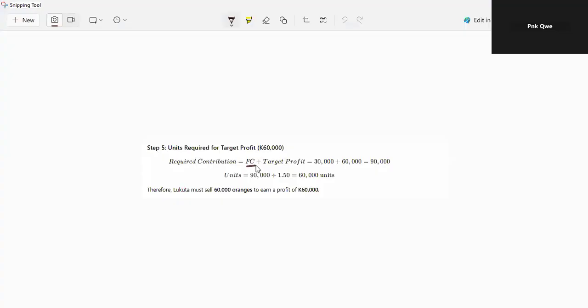Our fixed cost was 30,000, and we're told that we desire a profit of 60,000. So we divide this by our contribution, which is 1.5, the selling price minus variable cost. Is it clear on how the 60,000 has been calculated? Is it clear?